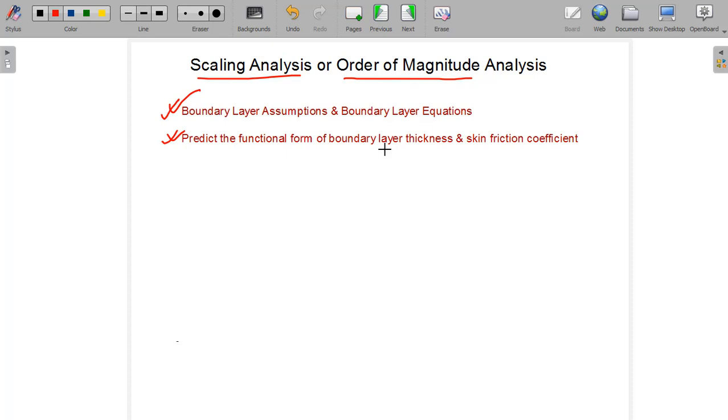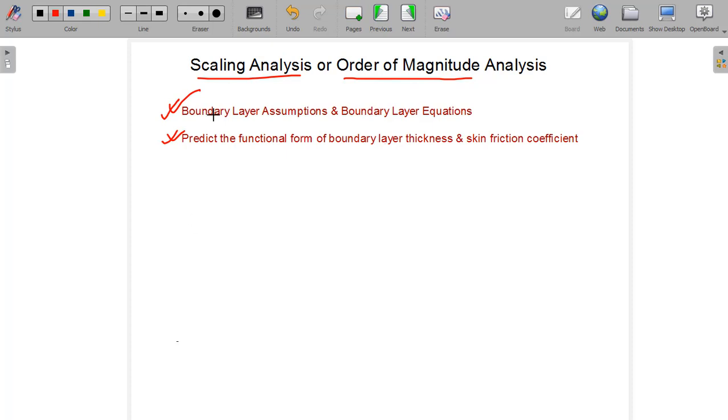Only by analyzing the scale and order of magnitude of the different terms of the Navier-Stokes equation and the continuity equation, it is possible to predict the kind of functional relationship of boundary layer thickness and skin friction coefficient. So these are the objectives, and we'll see how we can do that.